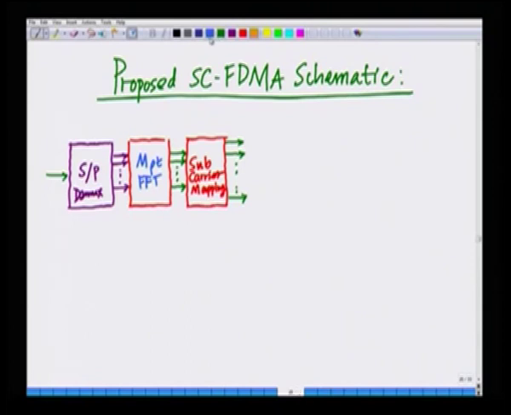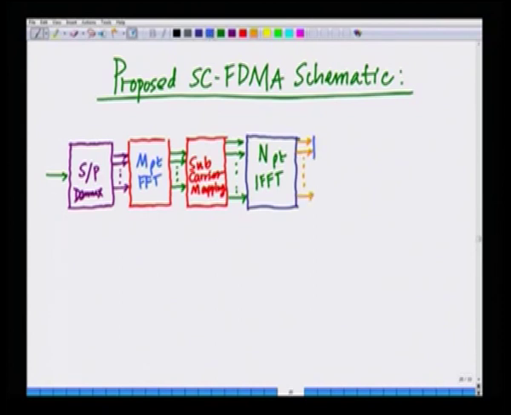I take these M symbols, perform their M point FFT, map them to the subcarriers, and after I map them to the subcarriers, I can now perform an N point IFFT.